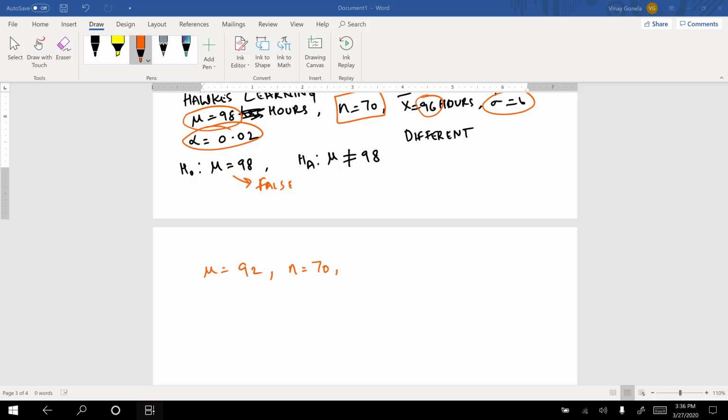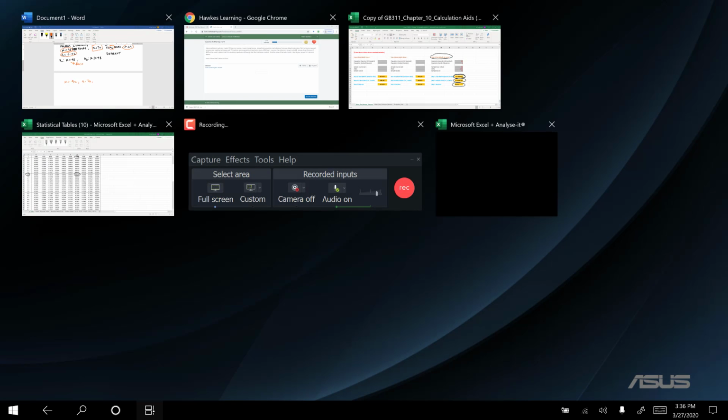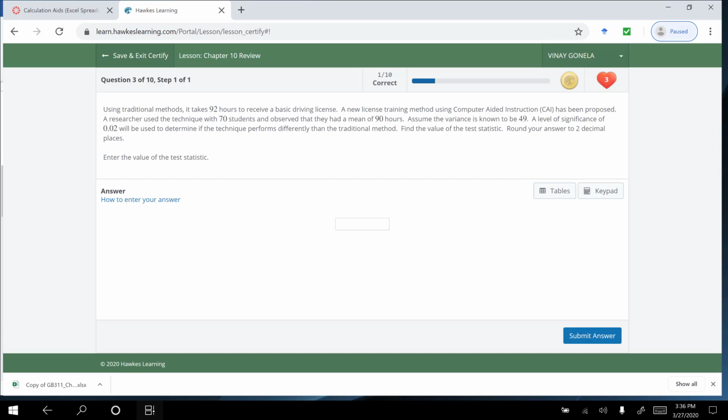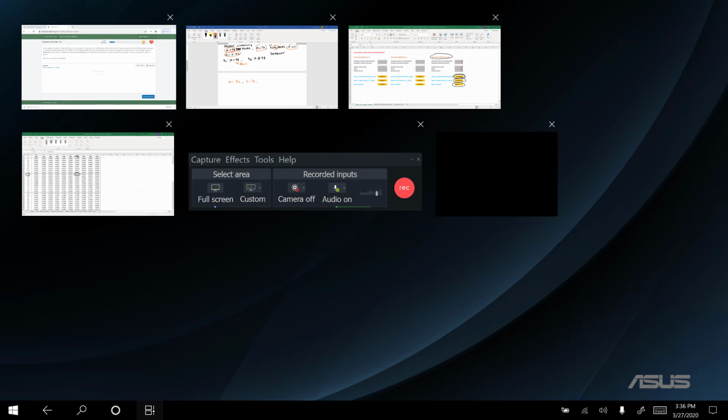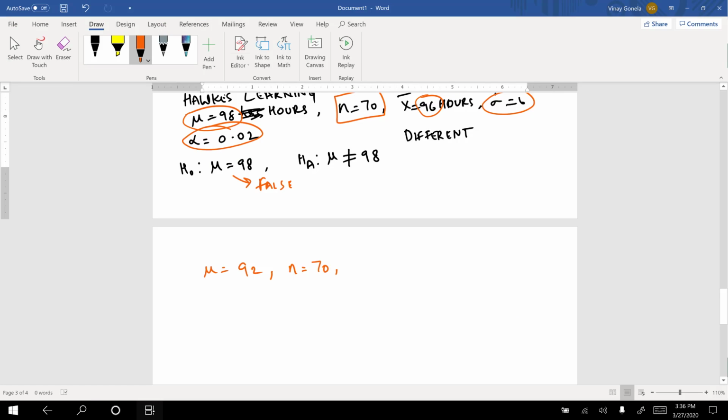And then he observed that they had a mean of 90 hours. So x bar is 90.